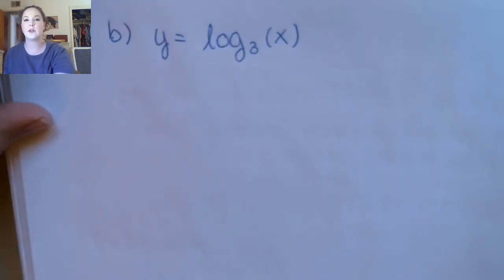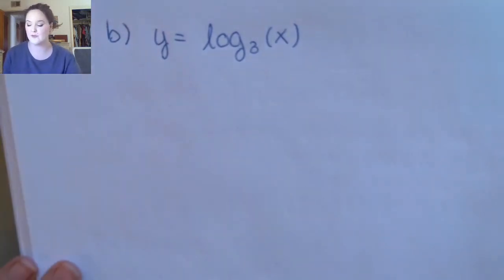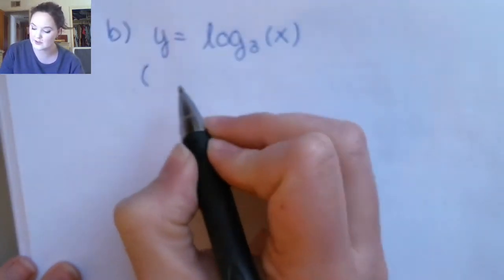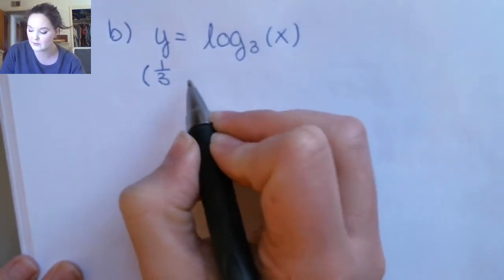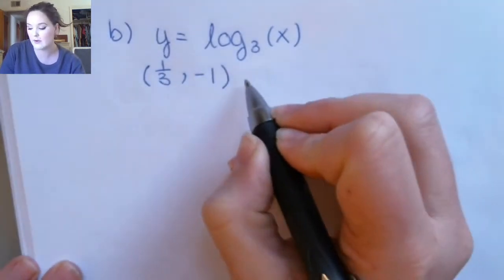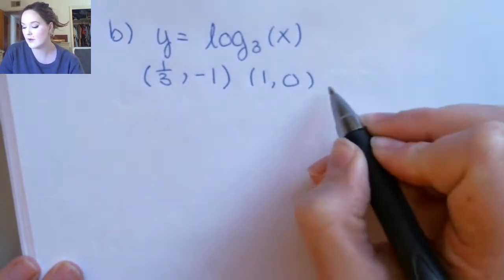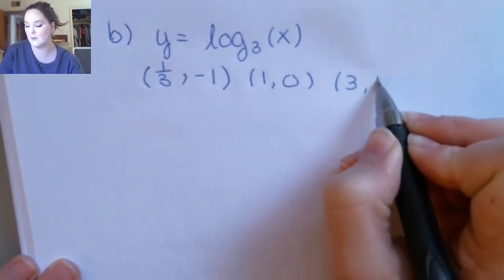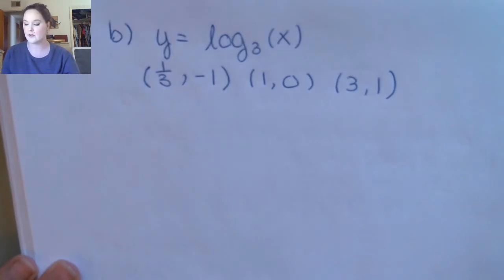Let's do one more base graph, and then we're going to use this graph to do some graph transformations. So our key points are 1 over b, which is 1 over 3, negative 1; 1, 0; and b, which is 3, comma, 1. So there's our key points.